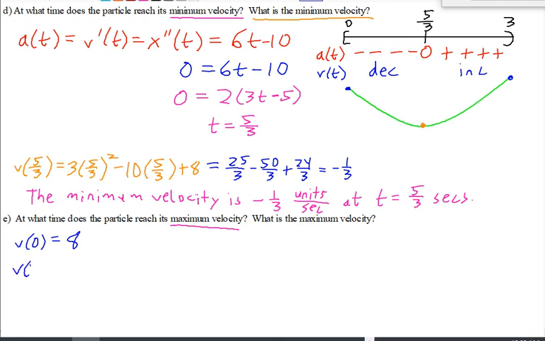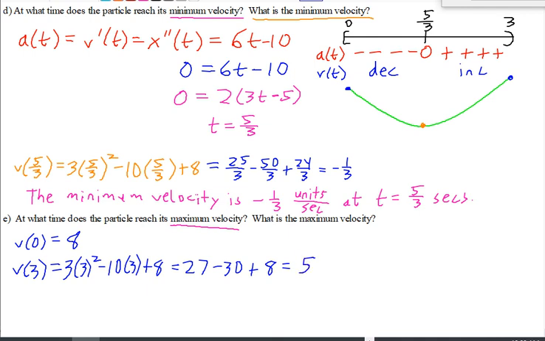And v of 3 would be 3 times 3 squared minus 10 times 3 plus 8. So that's 3 squared is 9 times 3, 27, minus 30, plus 8. Gives you 35 minus 30, which is 5.